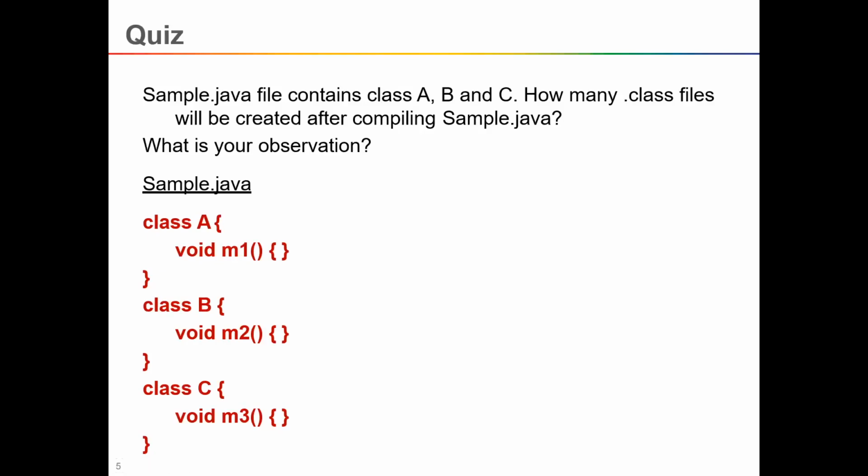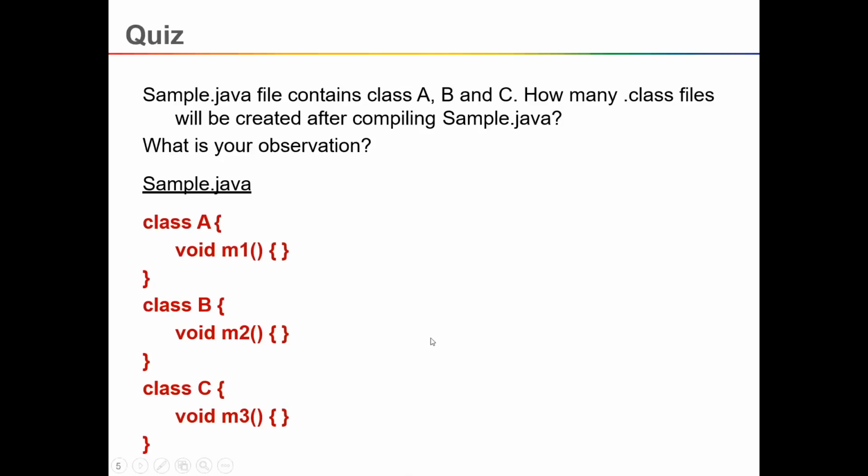Okay, now there is a question for you. Here I have a Java file sample.java which contains three classes, class A, class B and class C. The question is, after the compilation, how many .class files are generated?